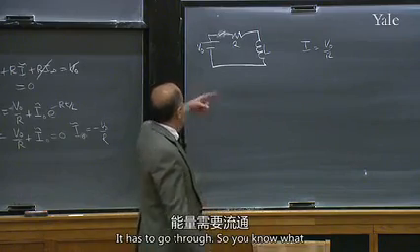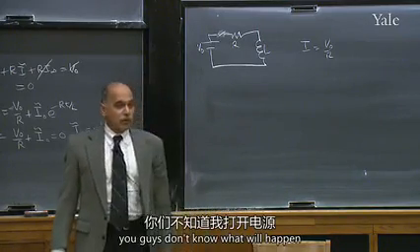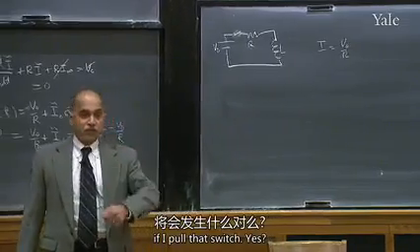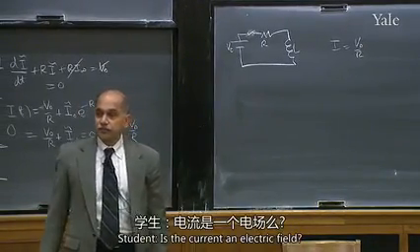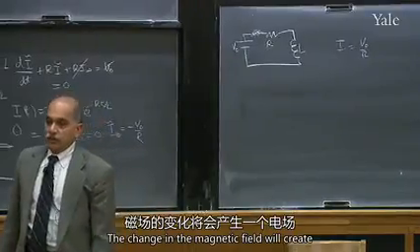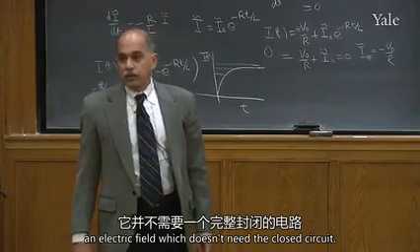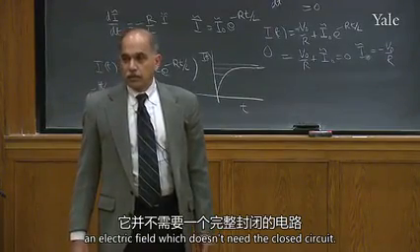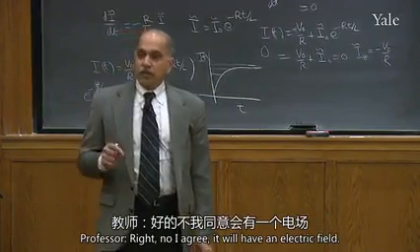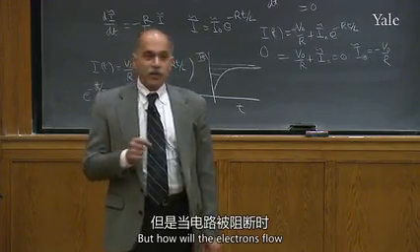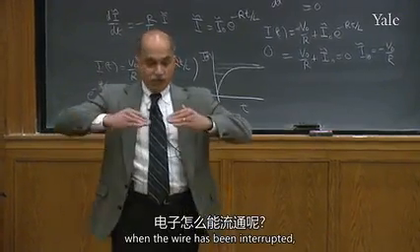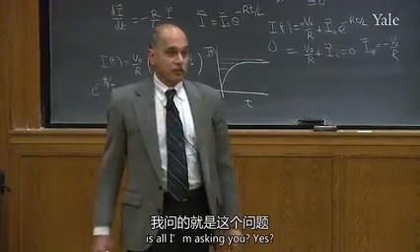It has to go through. So you know what? You guys don't know what will happen if I pull that switch. Does it create an electric field? Because the change in the magnetic field will create an electric field, which doesn't need the closed circuit. Right. No, I agree it'll have an electric field. But how will the electrons flow when the wire has been interrupted is all I'm asking you.